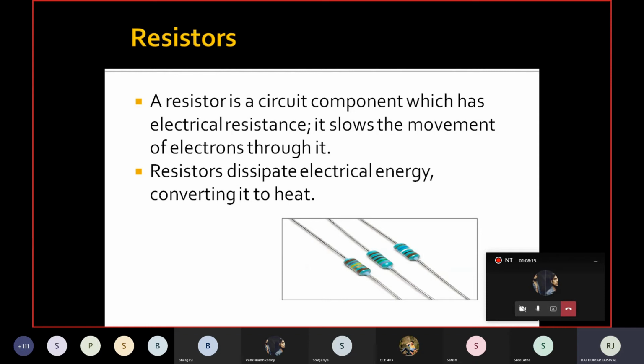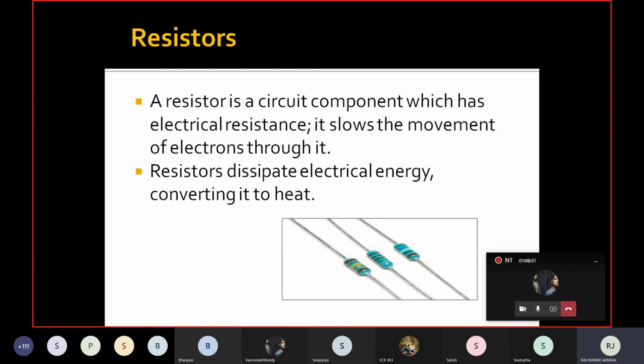We calculate that using the formula H equals I square RT, or E equals I square RT. Both are same. Resistors dissipate electrical energy, converting it to heat.